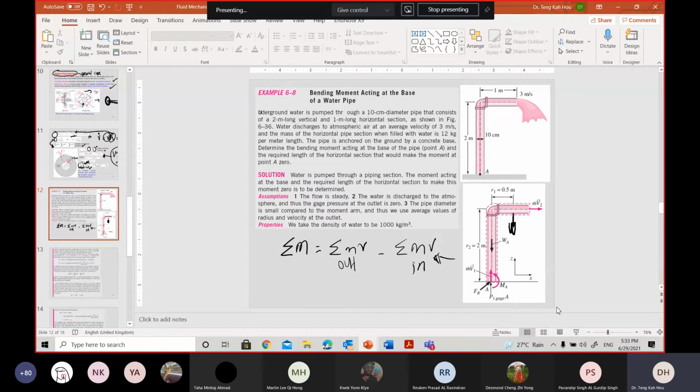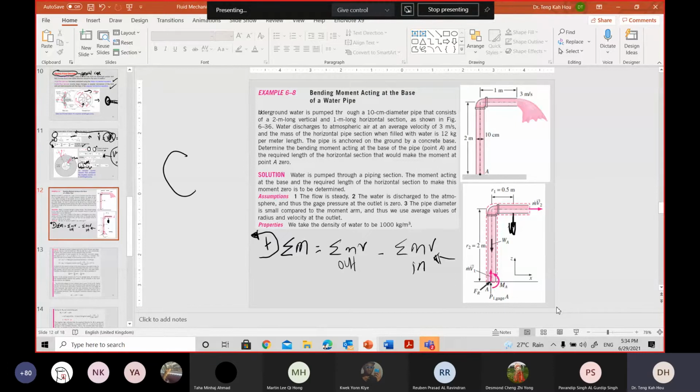And please be careful on all the directions, okay? Because I think you all learned well in statics, when you talk about moments, the directions always play an important role. Am I right? Because you need to know which direction.